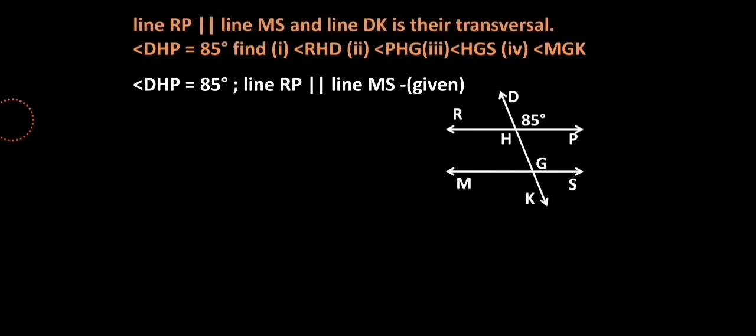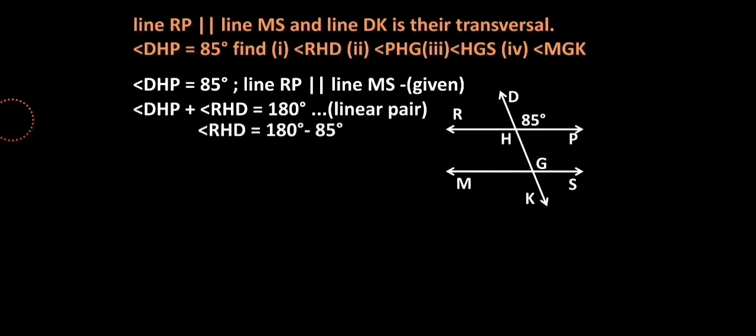First, we write DHP plus RHD equals 180 degrees because they are a linear pair. Then mention the values. So angle RHD equals 180 minus 85 degrees, and that results in 95 degrees, and number it 1.